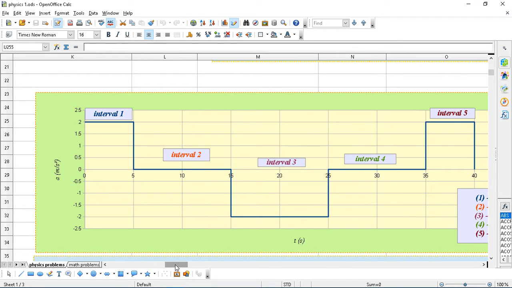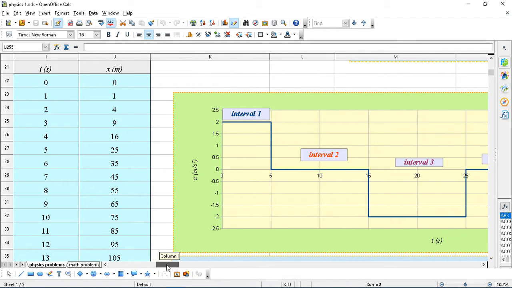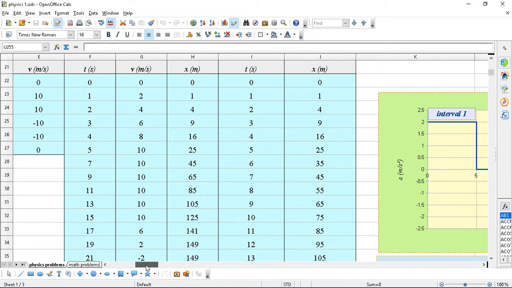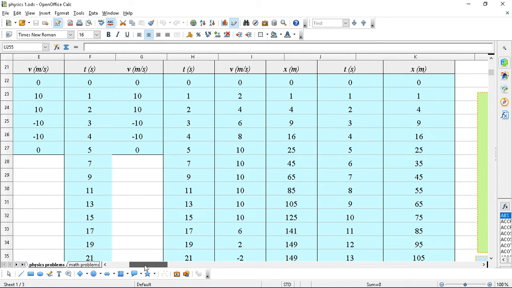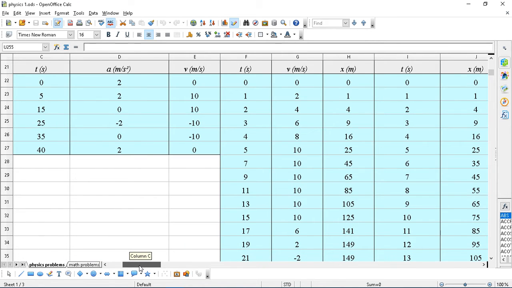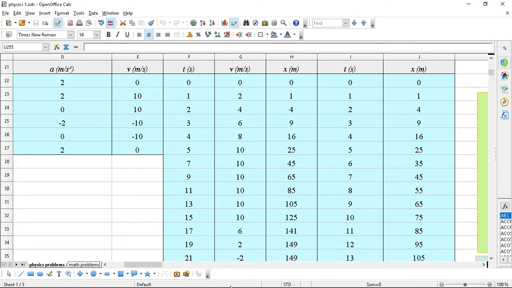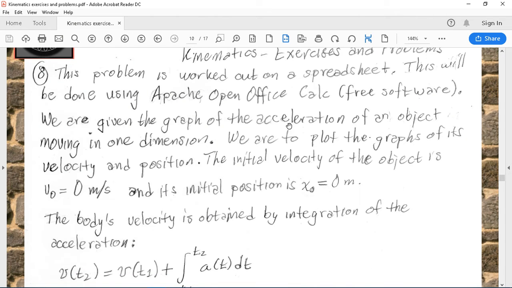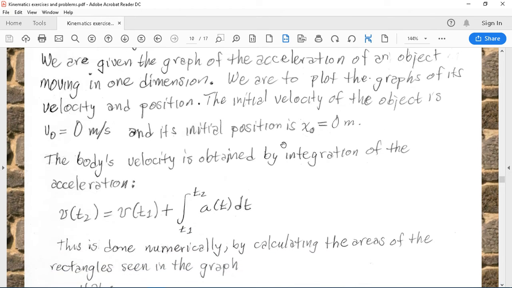Here we have to find the velocity and the position of that particle. The initial velocity of the object is 0 meters per second, and its initial position is 0 meters.